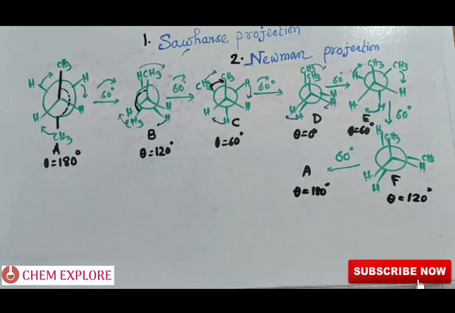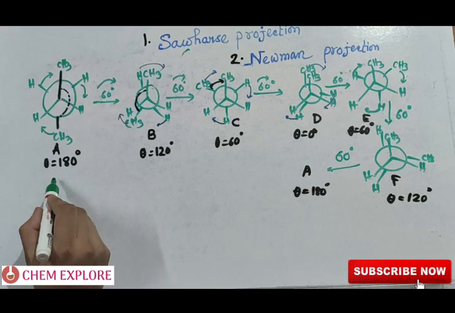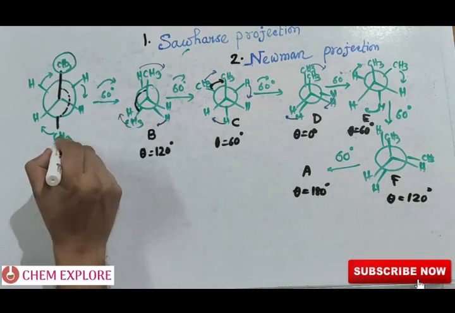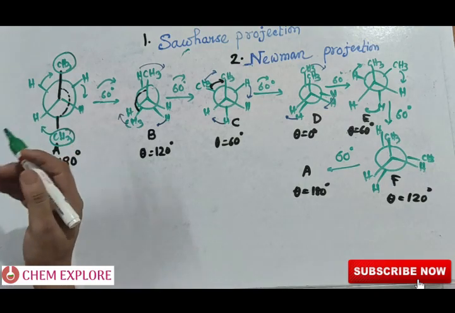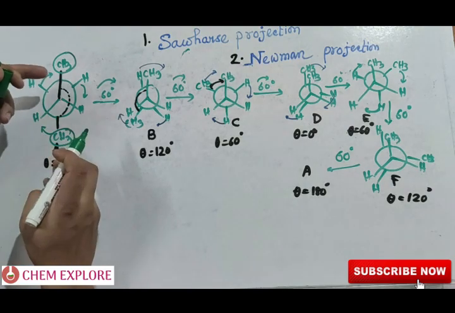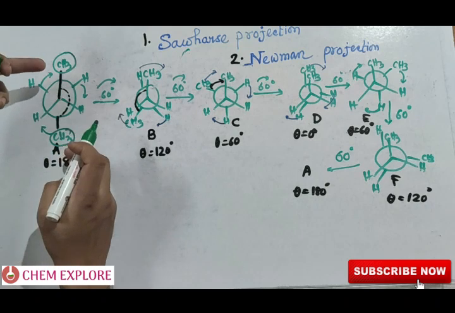So now, if you can see in that molecule, these two methyl groups are in the trans position, or we can say this is anti, or in an opposite position, right?